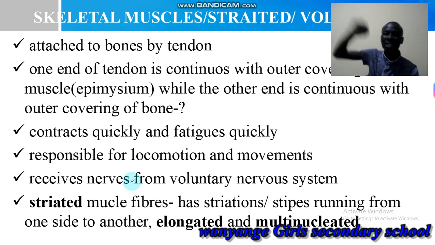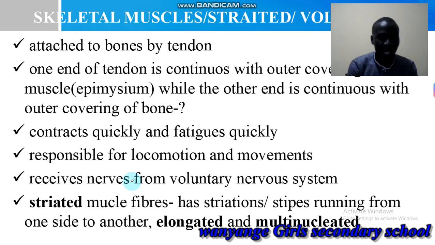I do like this, then now they start to move. They are voluntary. You intend to make them contract. And the most important is that the skeletal muscles are attached to bones. All muscles which are attached to bones are called skeletal muscles.